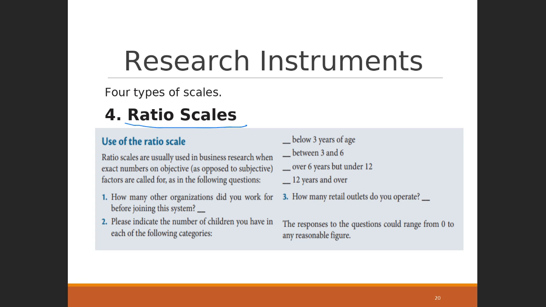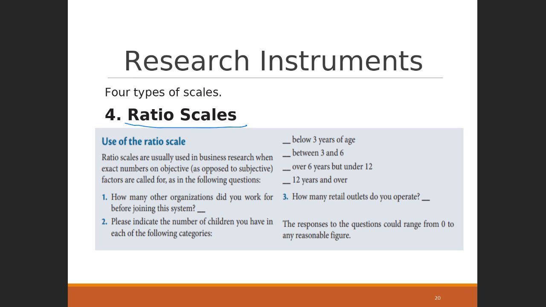To measure any object on a ratio scale, researchers must first see if the object values can be negative or not. If they cannot be negative, then ratio scales can be used. For instance, if you are trying to find out the exact figure, the exact amount, you can use a ratio scale. Number two, you can use a ratio scale when the value can never fall below zero.